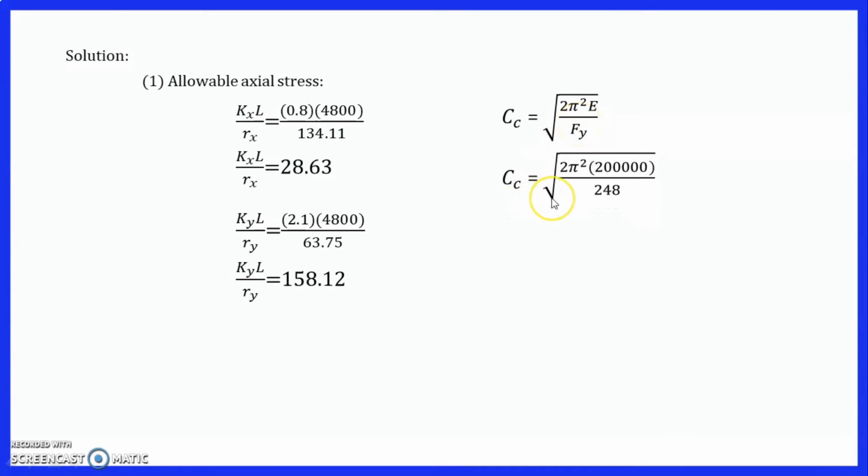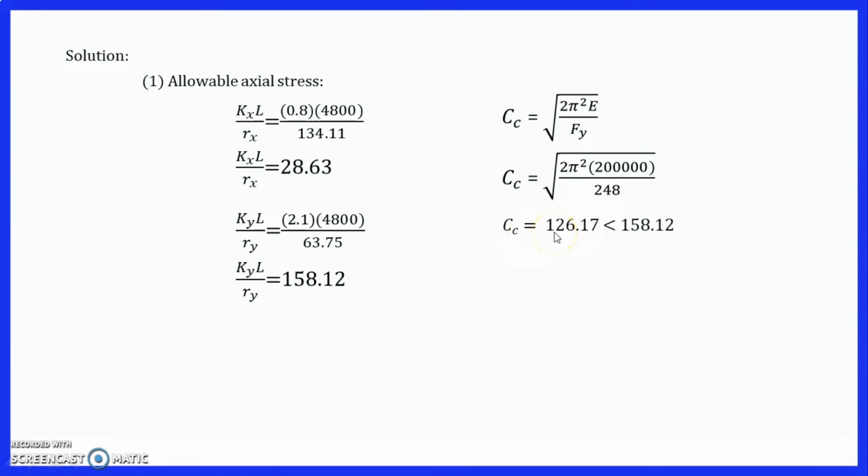We have the square root of 2 pi squared multiplied by 200,000, which is the value for our modulus of elasticity, over the yield strength, which is equal to 248 megapascal.